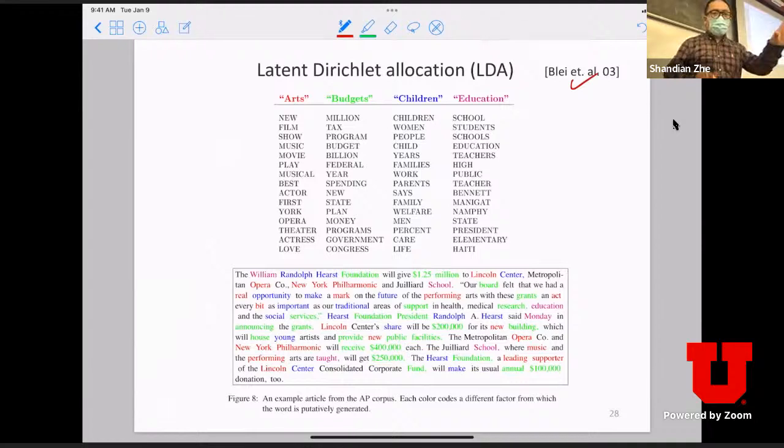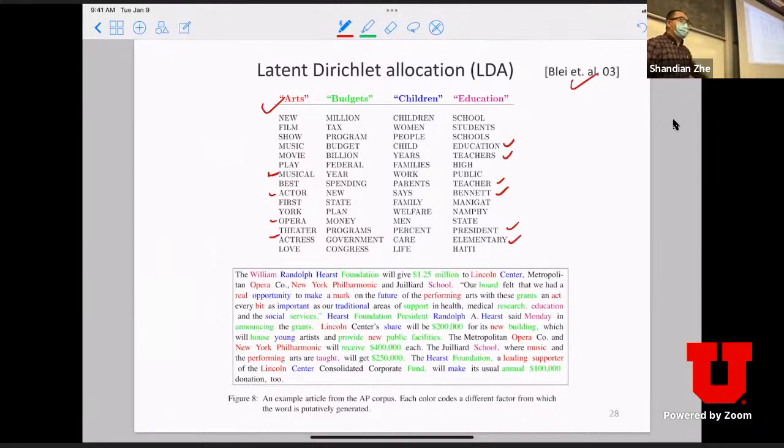And second, to represent each topic, what are the important keywords? If we talk about arts, for example, maybe in this particular document set they frequently use words like musical, actor, opera, actress. And when we talk about education, you may see education, teachers, public, benefit, president, elementary, such kind of things.